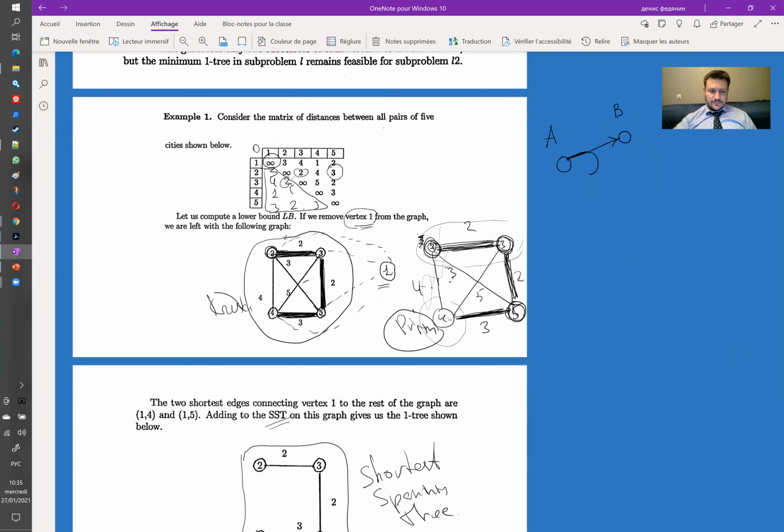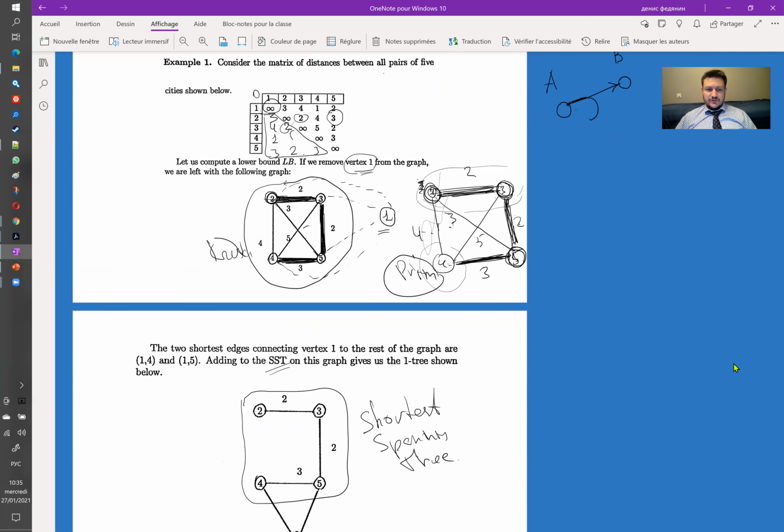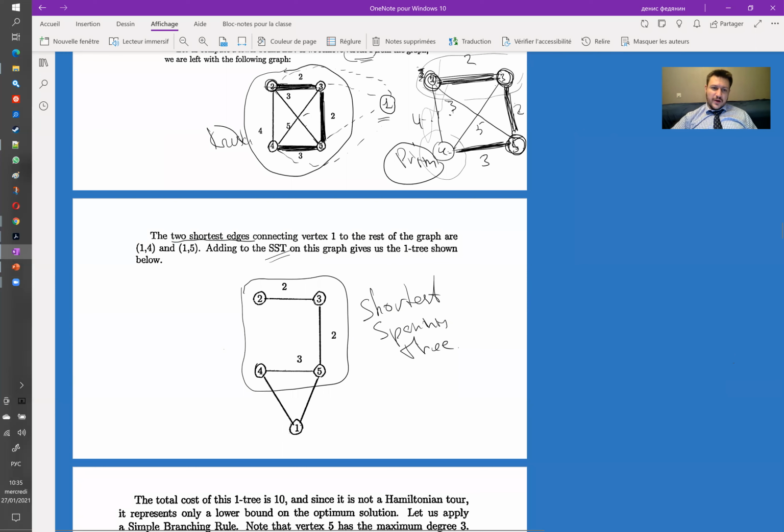So the 2 shortest edges connecting 1 to the rest of the graph are 1, 4 and 1, 5, like here. But it's not the solution. We can say that, okay, we have a Hamiltonian graph and it's the solution, but it's not, because we can start with 1 and how should we move to get back?